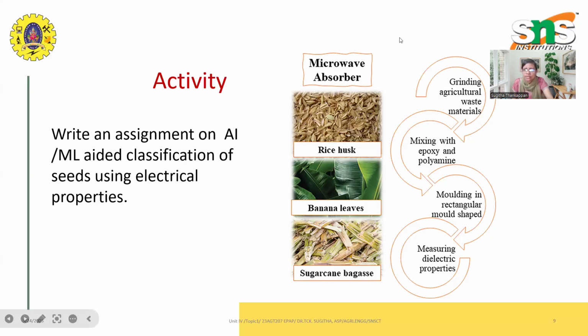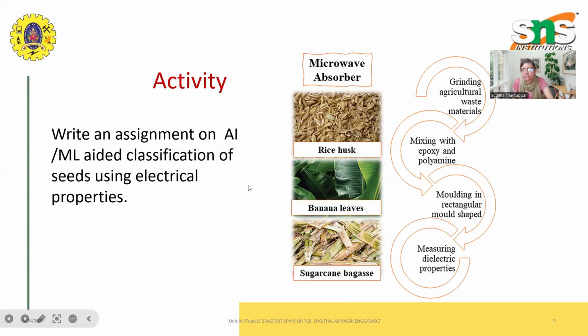People usually grind these waste materials and mix them with epoxy and polyamide, convert this paste-like mixture into molds, and at the end they measure the dielectric properties. So in value addition of any agricultural produce, we should have an idea of the dielectric properties of these materials.